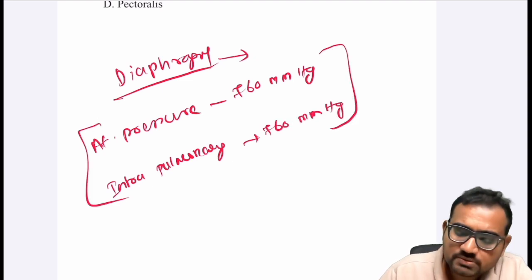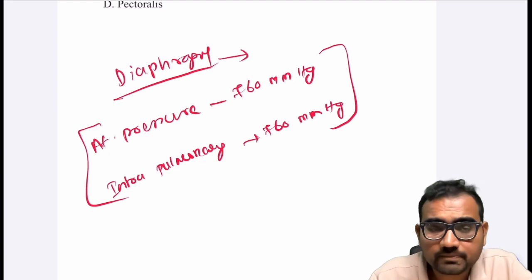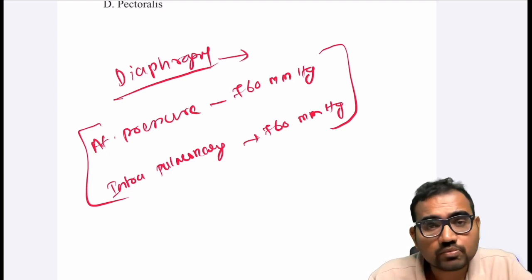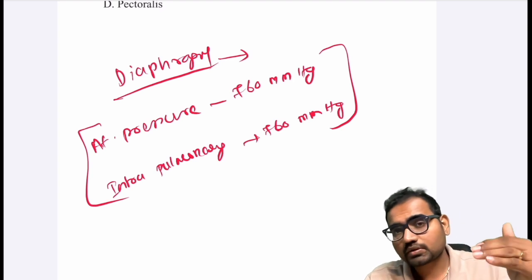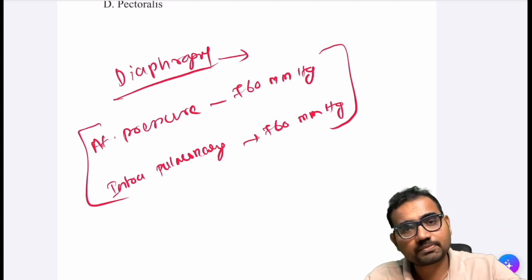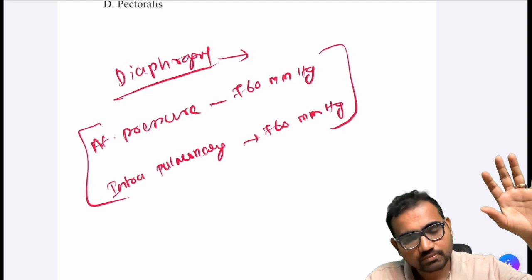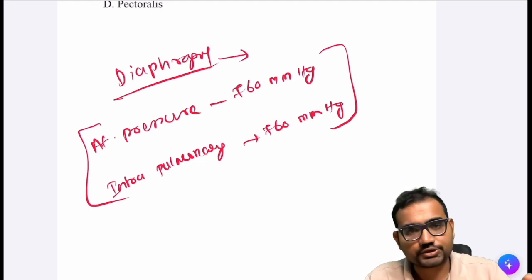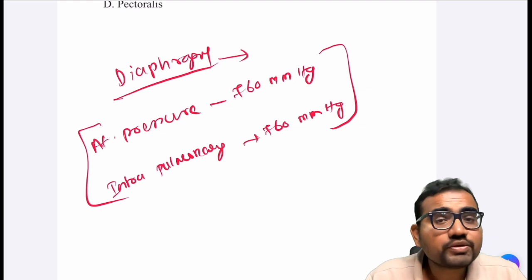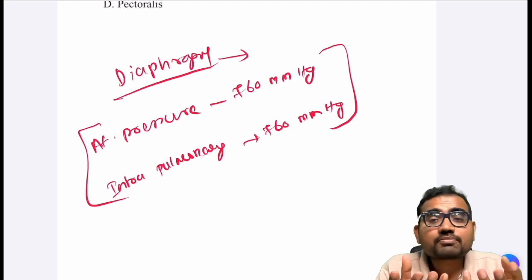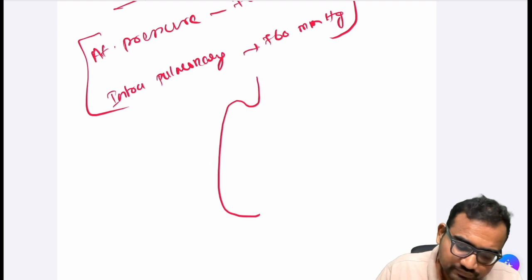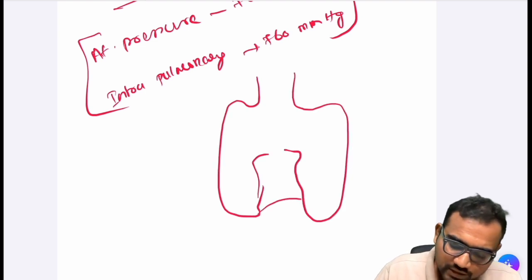Wherever there is a pressure drop, the air is going to come in. Air moves towards the area where the pressure is less, from the area of greater pressure to the area of lesser pressure. So during inspiration, the diaphragm contracts. The diaphragm will be here.